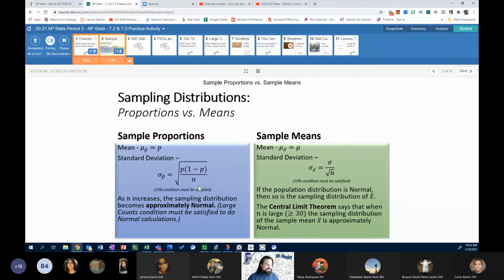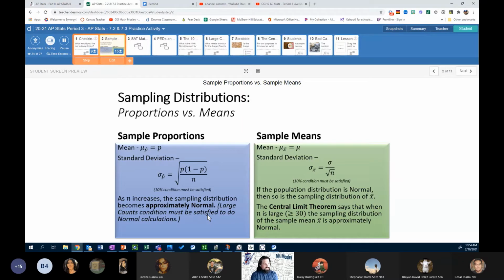The standard deviation is only valid if the 10% condition is met, which means our sample size is less than or equal to 10% of the entire population we are sampling. As n increases, the sampling distribution becomes approximately normal. We check the large counts condition to make sure this holds.